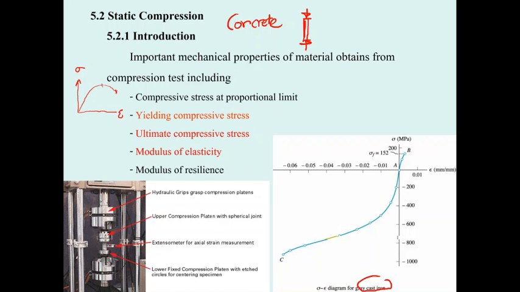This is the graph, and the mechanical property we are interested in is sigma sub u. So in the concrete, we are interested in the ultimate compressive strength. In concrete design this has the symbol of f prime sub c, which is the sigma sub u, the ultimate compressive stress of concrete.